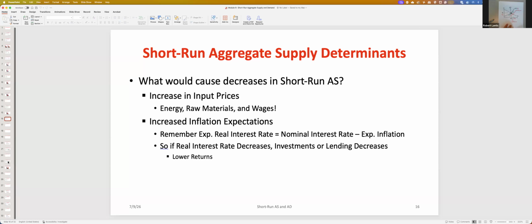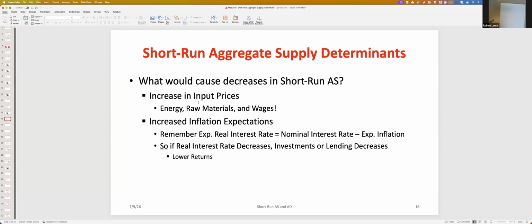So what we could have is something that's going to impact short run, but not long run aggregate supply. There are really two factors that change short run aggregate supply. The first is an increase or decrease in input prices. This doesn't change the amount of inputs that are available, raw materials or labor supply, that's all the same, but the prices of those factors are increasing or decreasing.